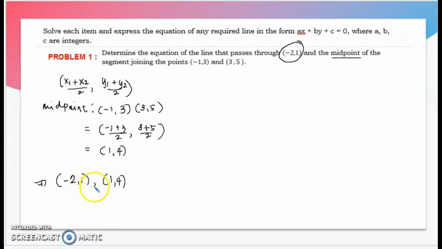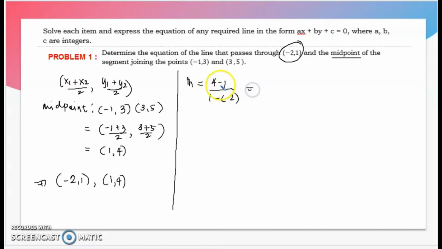Okay, so since we have 2 points, we can use point slope or 2-point form. Now I'll be using point slope. So first find the slope of the line. So slope is 4 minus 1 over 1 minus -2.